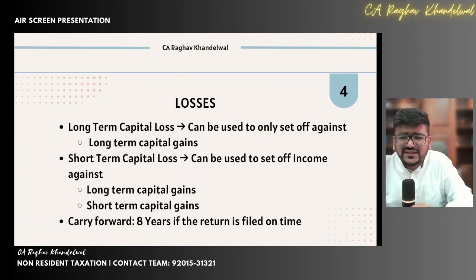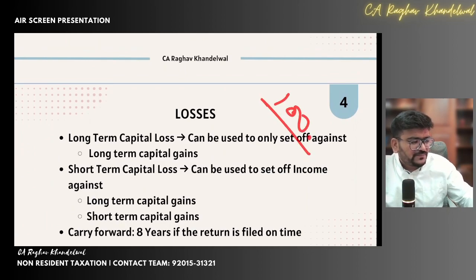Now, let's say if there are losses, what is going to happen? I'll tell you some tips you can use to save taxes in case of losses. Let's say I have a long-term capital loss of 100 rupees, and in the next year I have income under the same head, long-term capital gain, of 150 rupees.